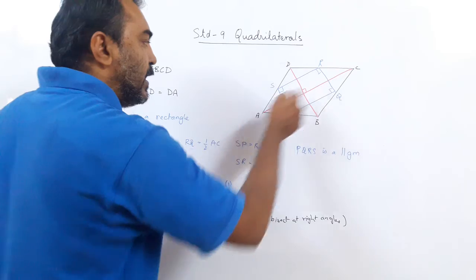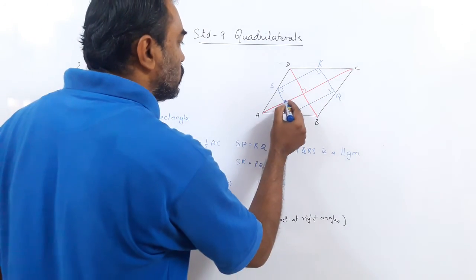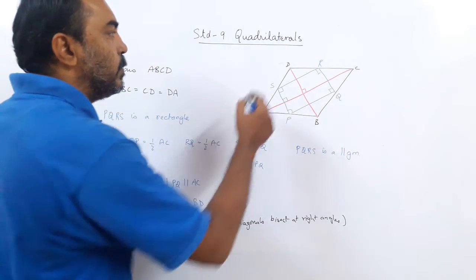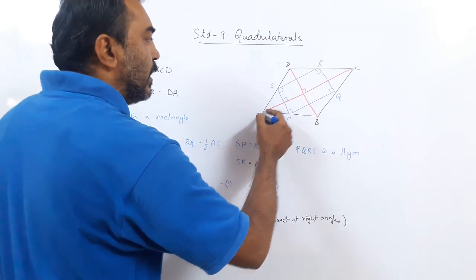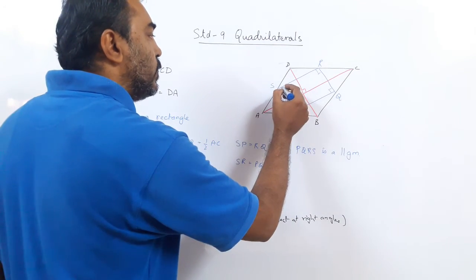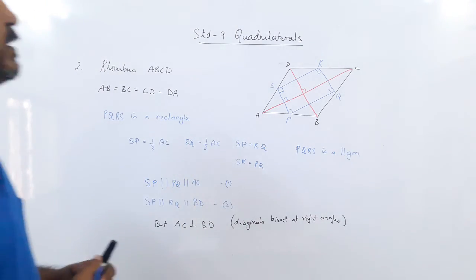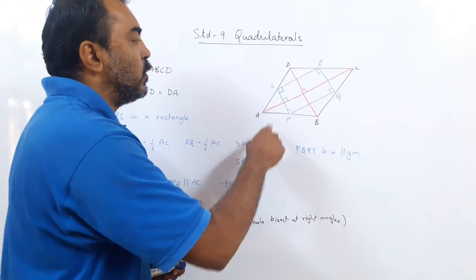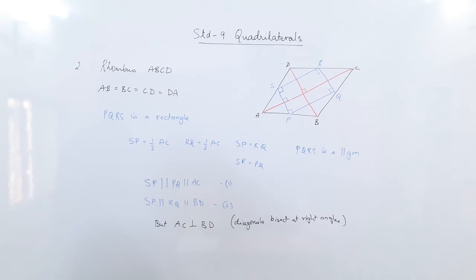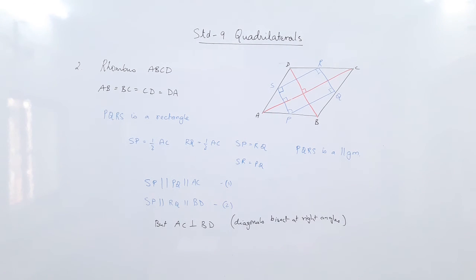So SP and AC are perpendicular, but SR and AC are parallel. So SP and SR will be perpendicular. And hence we show that SR and SP are perpendicular. Similarly, you can show all of them are perpendicular. They form right angles, and hence PQRS is a rectangle.